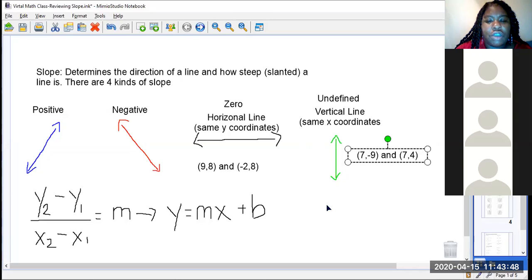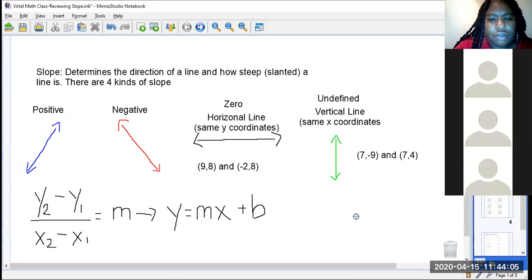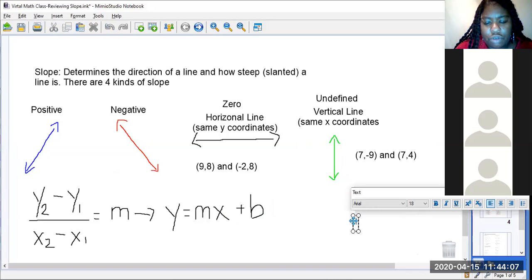So what I'll do is down here in the corner, I'll type it for the people watching the playback and/or the people that may get confused about which coordinate comes first. So you have your X coordinate first, and then you have your Y coordinate.